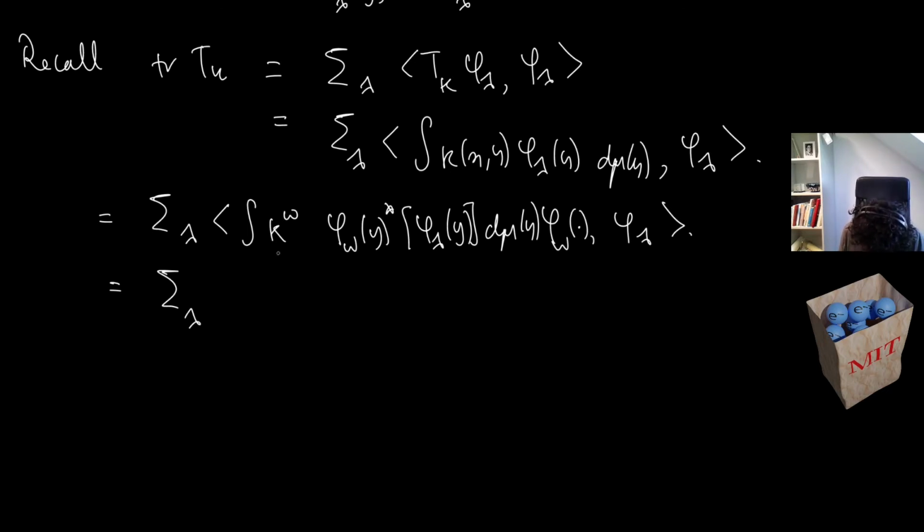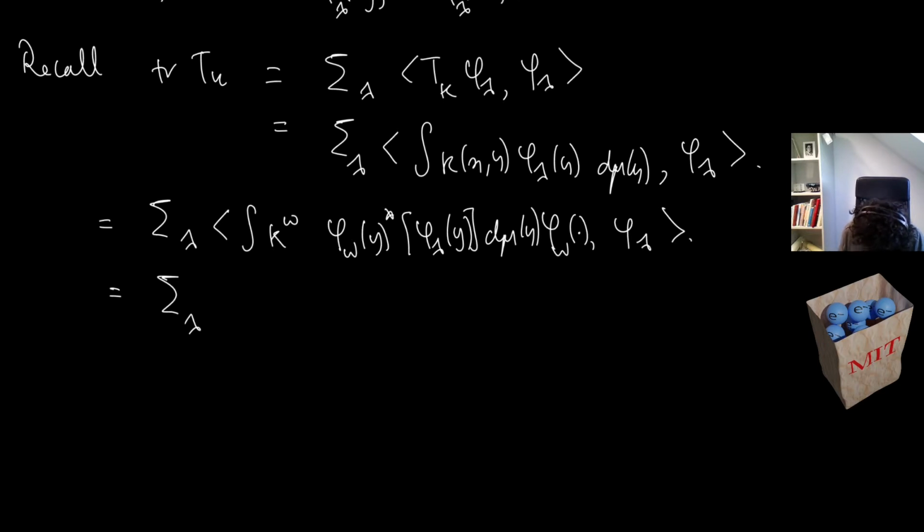And what do we have? So what is this exactly? This is going to be k_omega, and then this is just phi_omega phi_lambda, and again we have phi_lambda here.